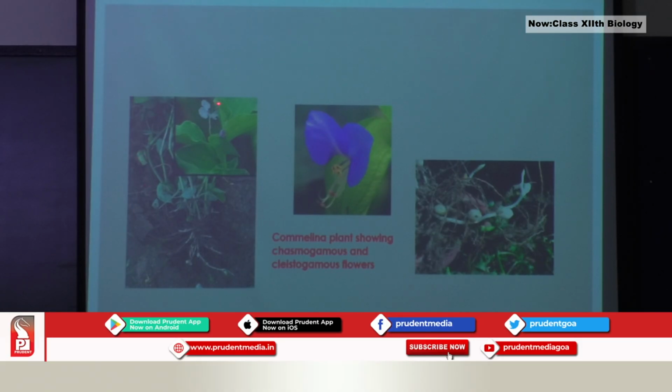As you can see over here, this is the same plant, the Commelina plant, but it bears two types of flowers. One is the open flowers called chasmogamous flowers, and the other ones are called cleistogamous flowers or closed flowers. This is the magnified view of the closed flowers which are in their bud condition. This is the cleistogamous flower or the closed flower which is in its bud condition.